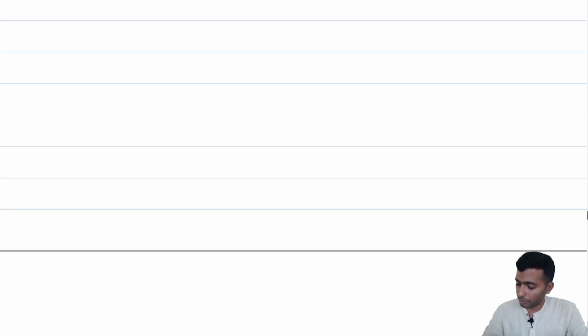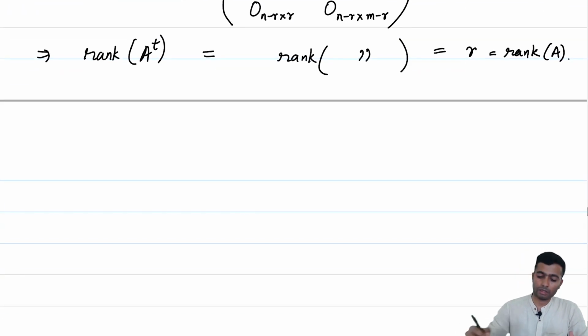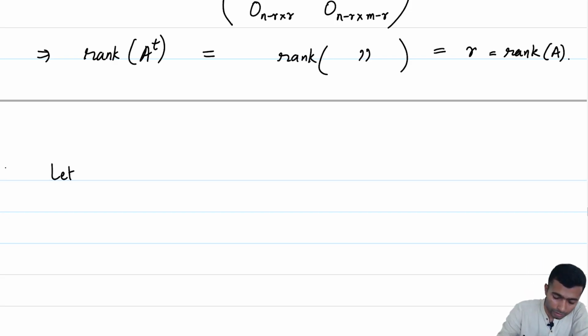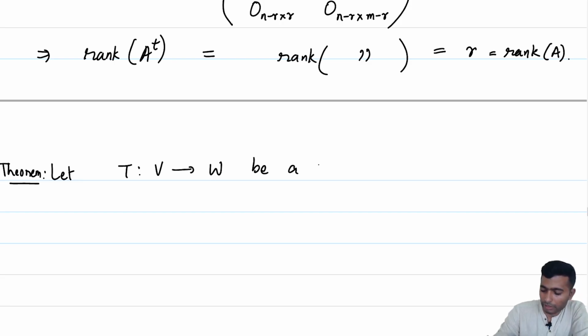Okay, we have spent a considerable amount of time developing simpler ways to look at the rank of a matrix. How do we relate it to the rank of a linear transformation? That is going to be our next goal. So, it is a theorem. Let T from V to W be a linear transformation.